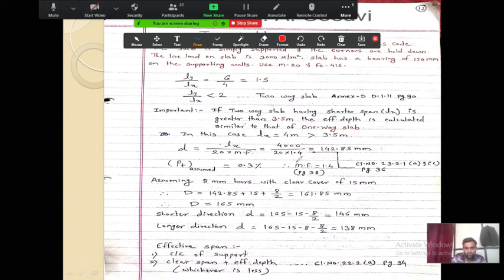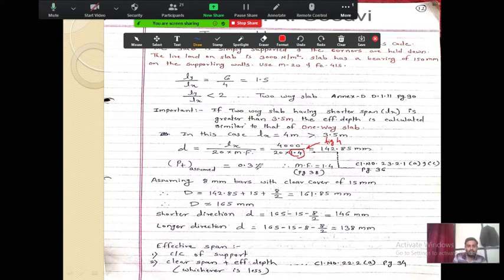So this is 4000 divided by 20 into 1.4. 1.4 is the modification factor. Where does this value come from? This value comes from figure number 4.